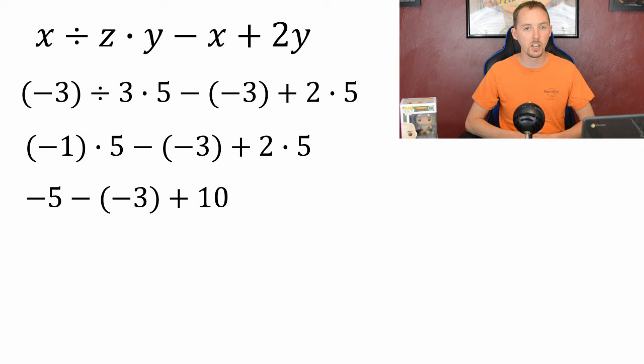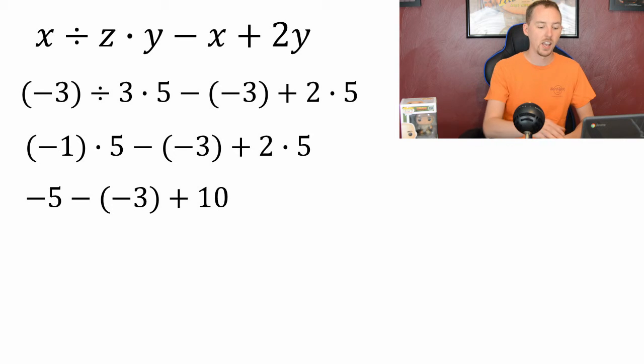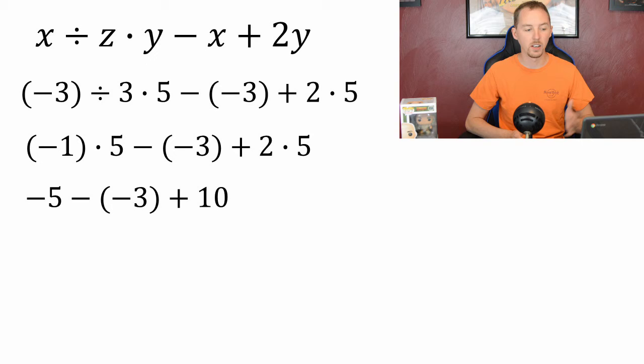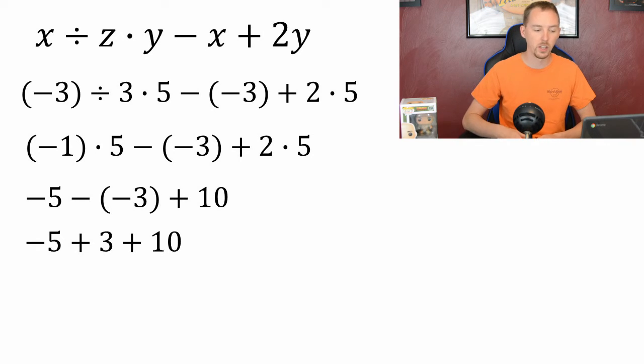Now, here's where you need to go back and remember that when you subtract a negative, that's actually the same thing as adding a positive. So that -5 minus -3 actually turns into -5 plus 3 plus 10. If we do that out, we get 8.